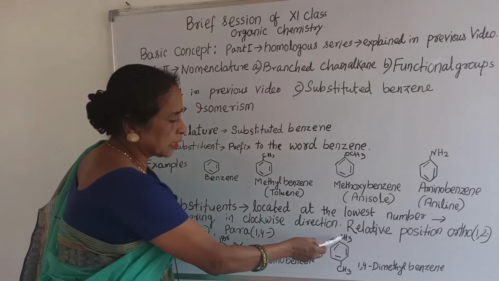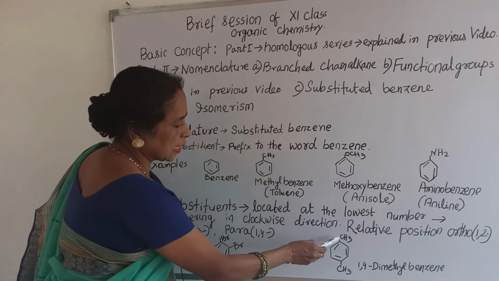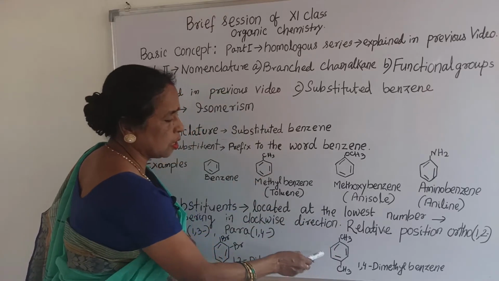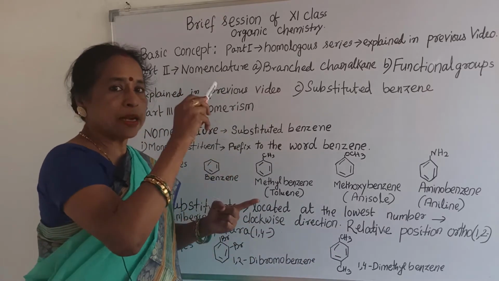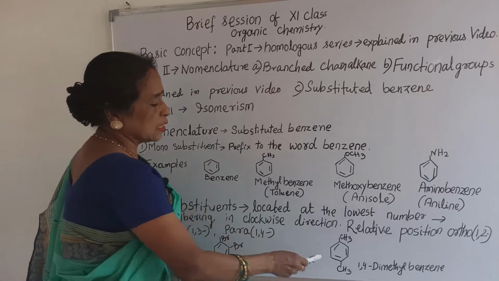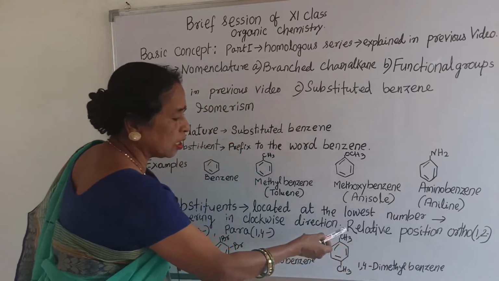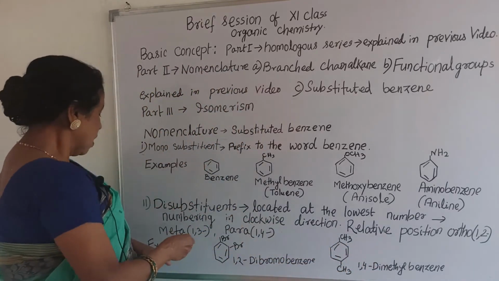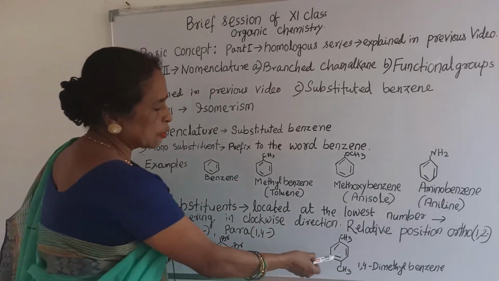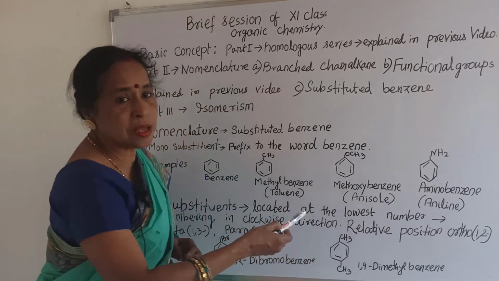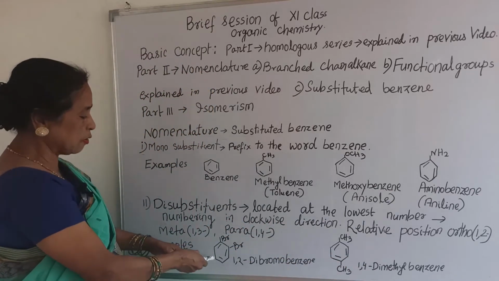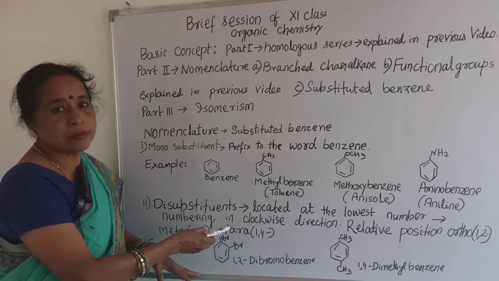Let us see if a methyl group is at position 1 and another methyl group at the 4th position, then it is known as 1,4-dimethylbenzene. I already told you that 1,4 is para, so you can say para-dimethylbenzene. And here you can say ortho-dibromobenzene.